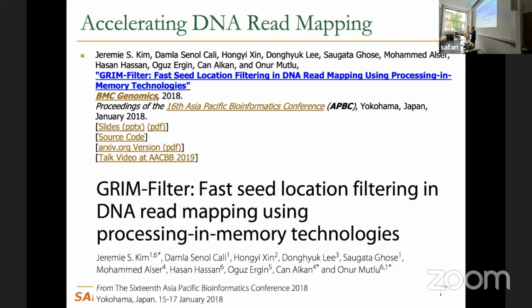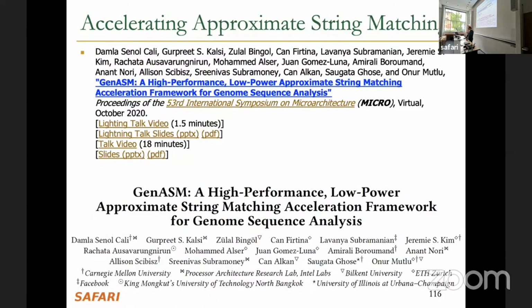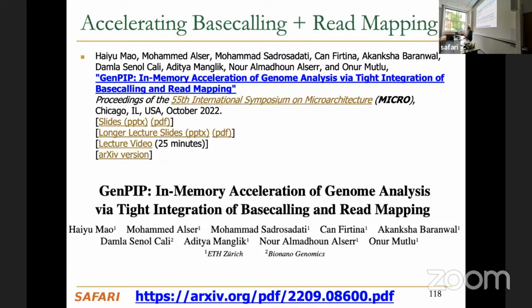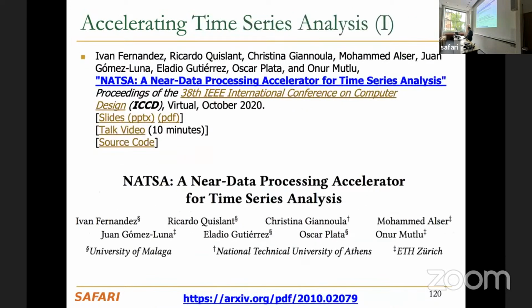The idea here is to do some filtering of the genome analysis on the memory side, but to be able to do that, it really has a new representation of the reference genome, which you will find if you actually read the paper, so that it fits nicely to the hardware. And I like this approach a lot. And then there's more work that accelerates approximate string matching near memory, accelerates other algorithms like sequence to graph mapping, and more recently, other things that I'm not going to talk about.